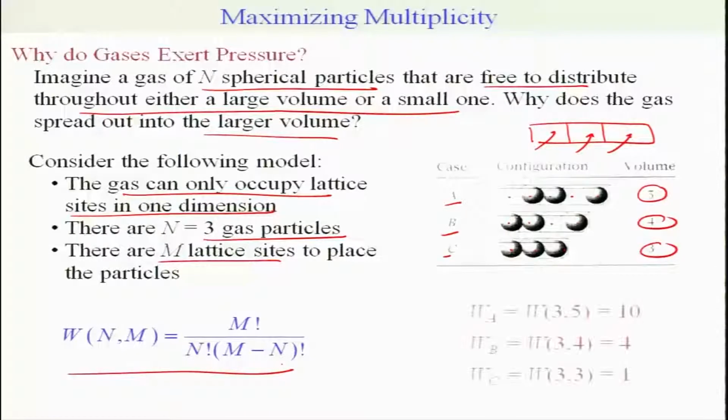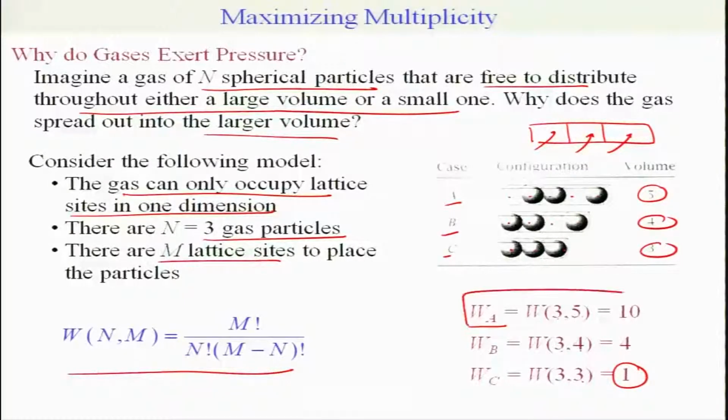So, in this case, what is WA? WA would be 3 out of 5 lattice points, WB would be 3 out of 4, and WC would be 3 out of 3. So, in this case there is only one possibility, because all the particles are of the same type, and hence they are indistinguishable.